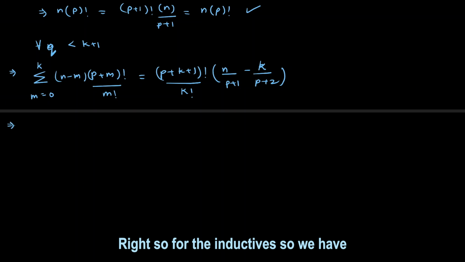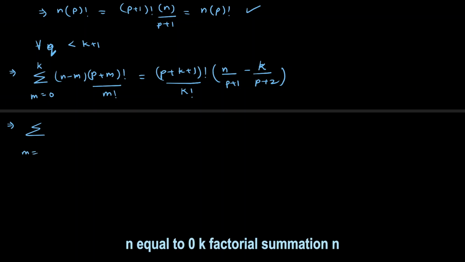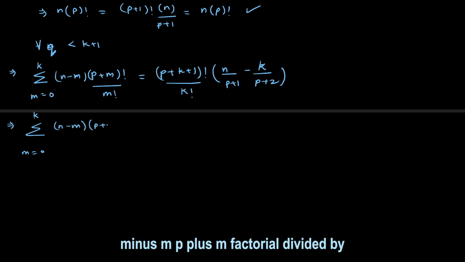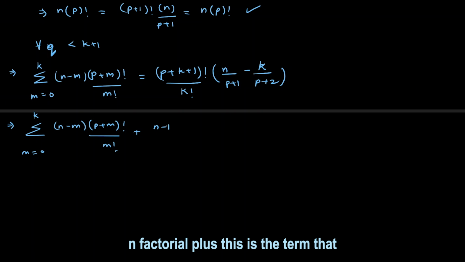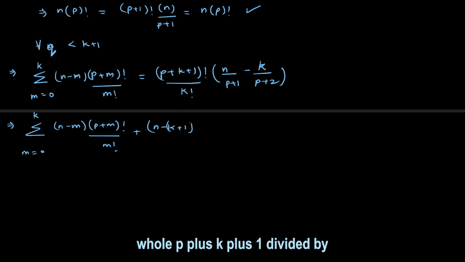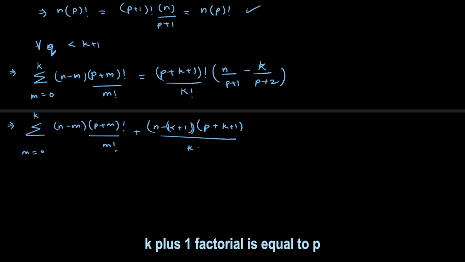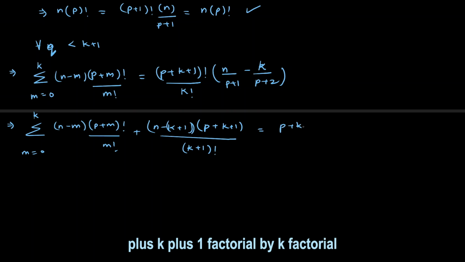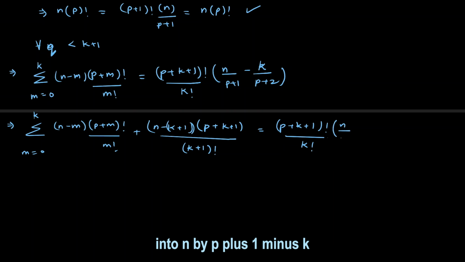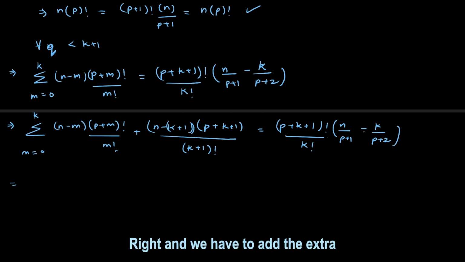So for the inductive step, we have the summation, m equal to 0 to k, of (n minus m)(p plus m)! divided by m!, plus this is the term that we'll be adding, (n minus (k plus 1))(p plus k plus 1)! divided by (k plus 1)!, is equal to (p plus k)! by k! into (n by (p plus 1) minus k by (p plus 2)), and we have to add the extra term.